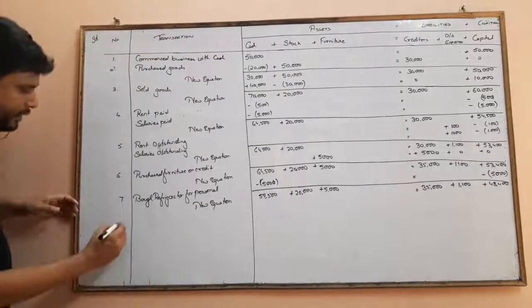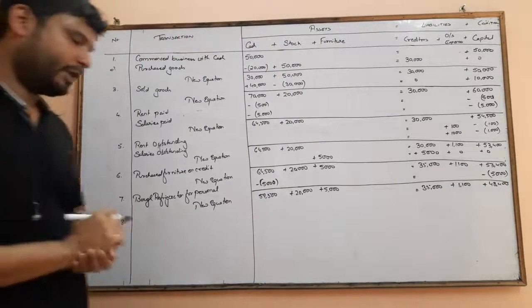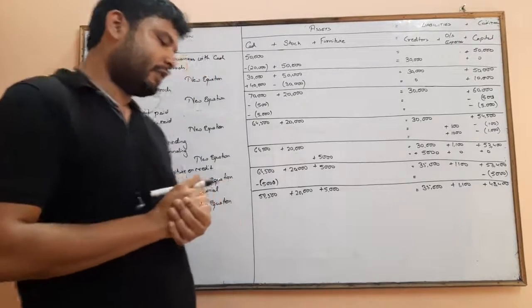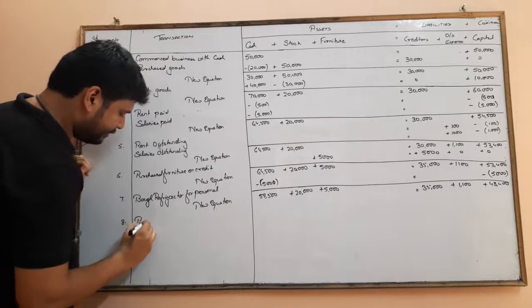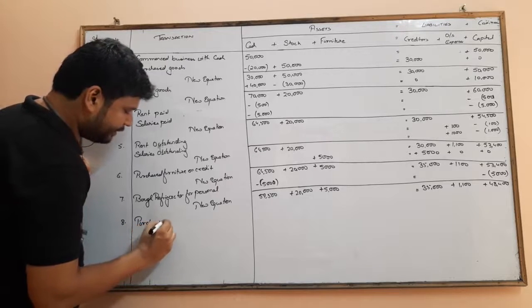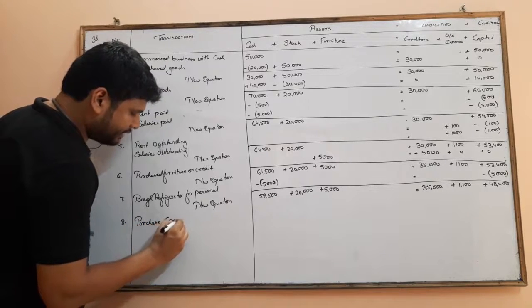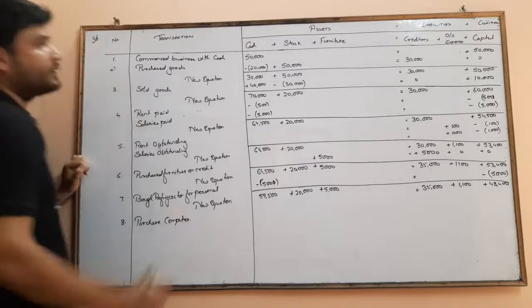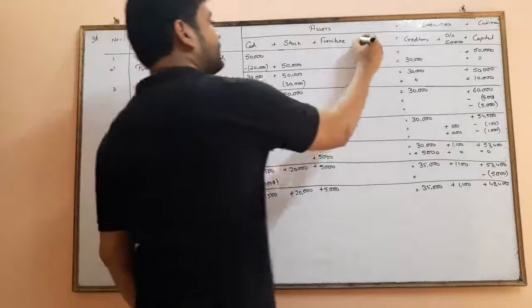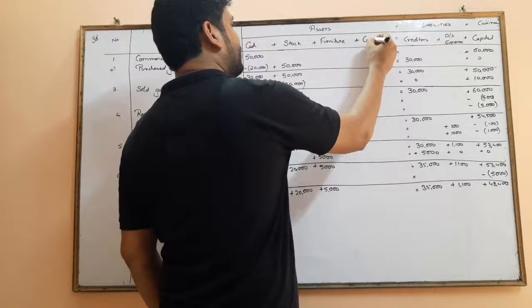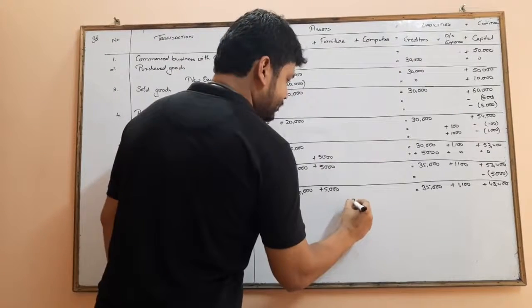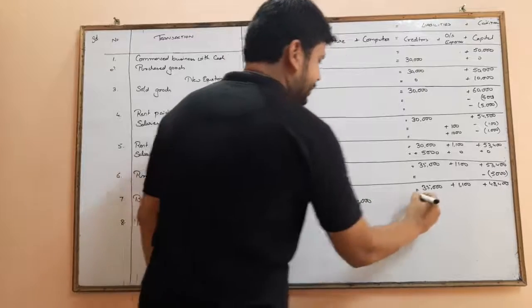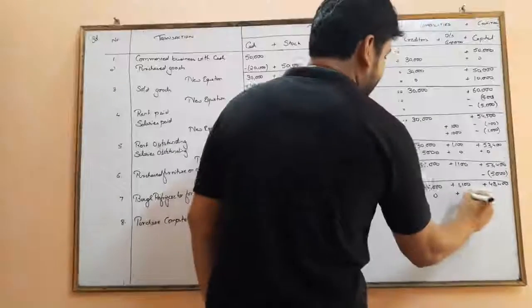Now coming to point number 8. Point number 8 is purchase computer for cash rupees 20,000. Now the company is purchasing the computer. Computer will be an asset for the organization. So under the assets we write down computer, plus 20,000. Now in which form am I making the payment?